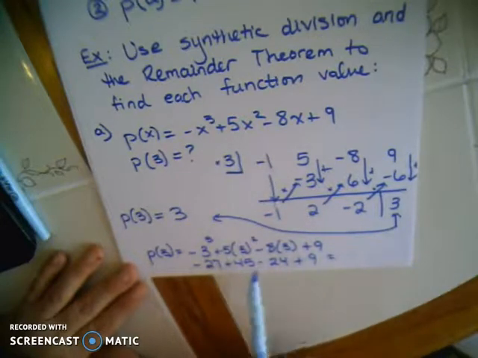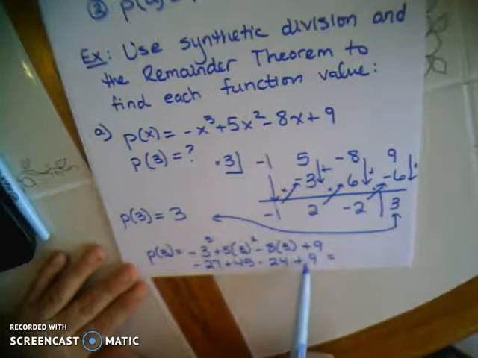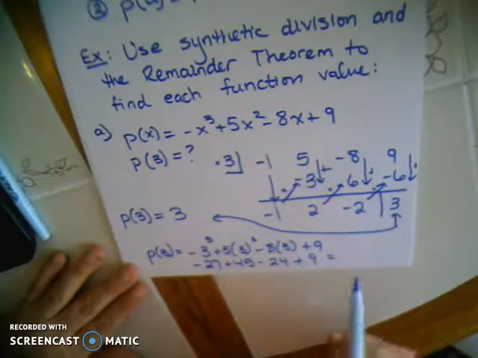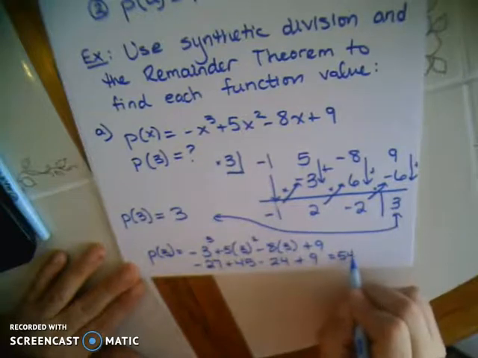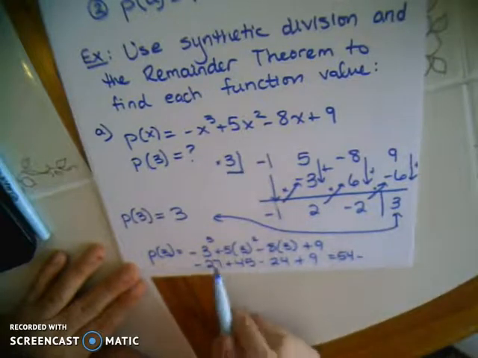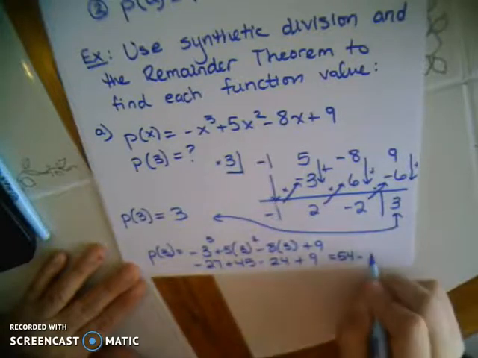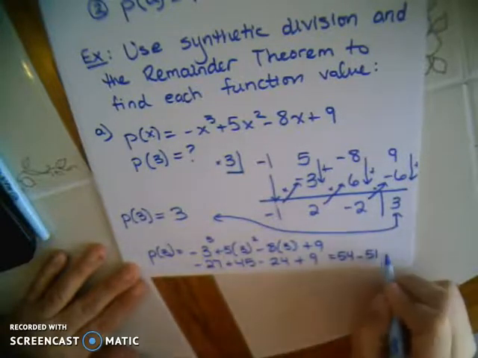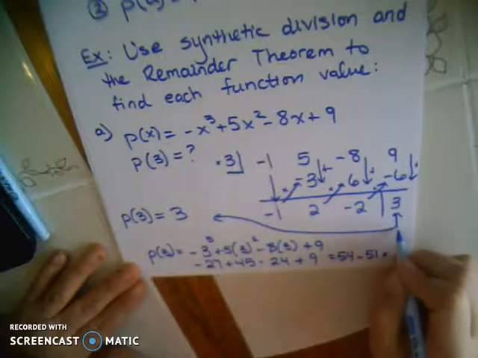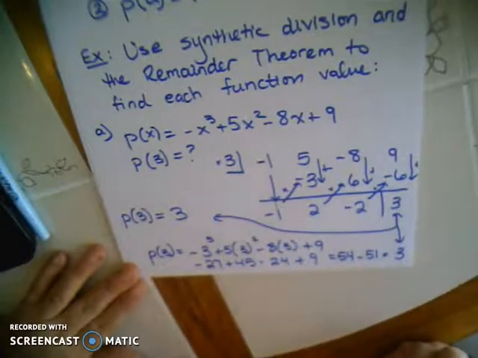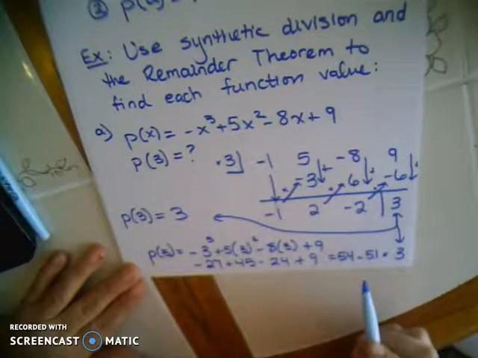Now, I've got to subtract all these numbers together. Well, I'm going to put my positives together. 45 and 9 is 54. And then I'm going to put my negatives together. 27 and 24 make 51. So I'm subtracting 51. And we get 3. Exact same answer. Less math to do.